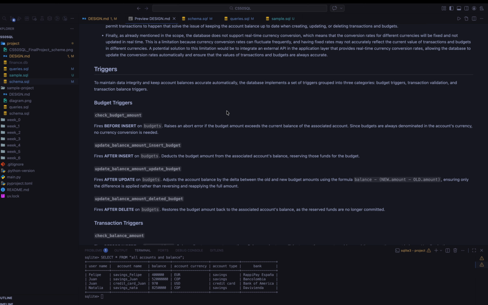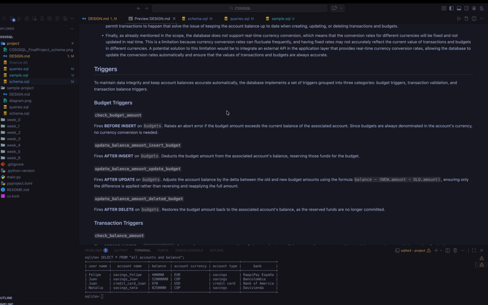For a small application like this one, that's not a problem. But if you want to scale it up to an enterprise level, that's not ideal, because you would end up aggregating thousands or even millions of rows just to calculate the balance, or just to check that you are not making a transaction when you don't actually have money in your account.